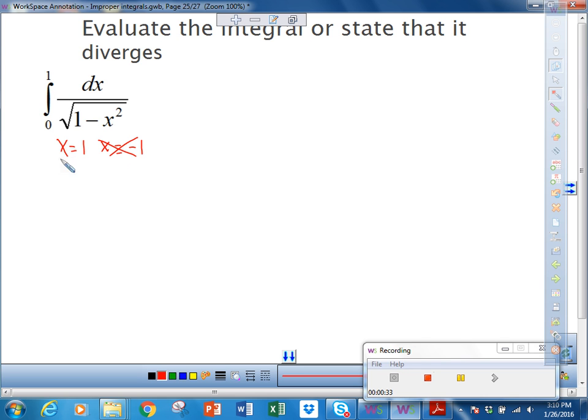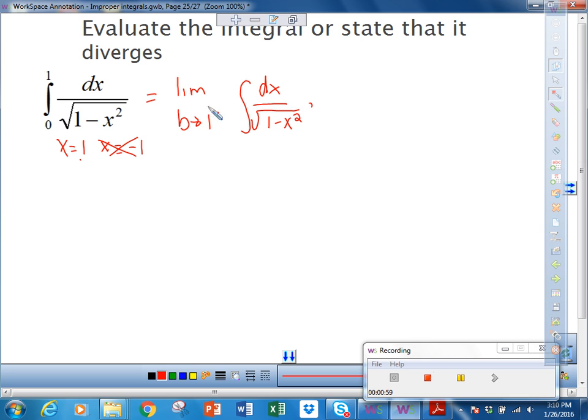So we see that when x equals 1, this is a point of discontinuity, so we have to treat this differently. We have to use improper integrals. So what we're going to do is rewrite this as the limit as b approaches 1 from the left of the integral of dx over the square root of 1 minus x squared.